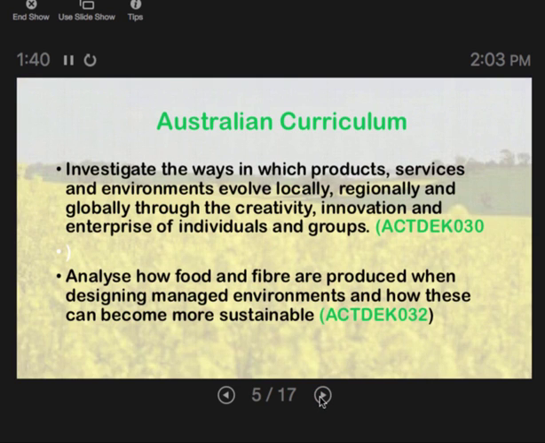And then if we look at the Australian curriculum, it's a bit more broad, and one of them could be investigate the ways in which products, services, and environments evolve locally, regionally, and globally through the creativity, innovation, and enterprise of individuals and groups, and also how food and fiber are produced when designing managed environments and how these become more sustainable.